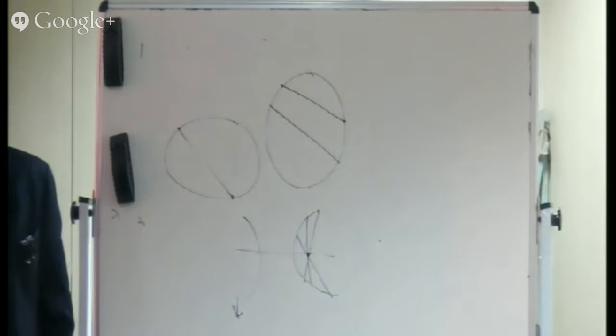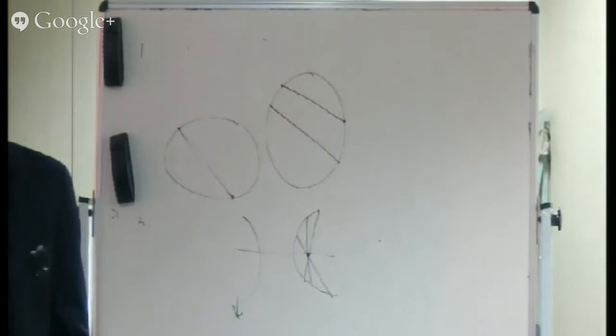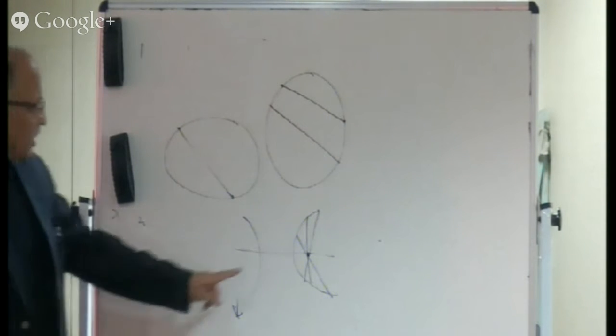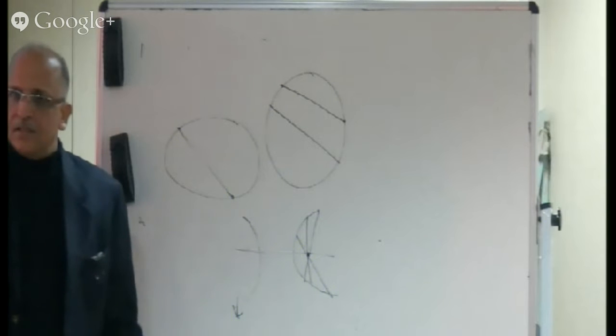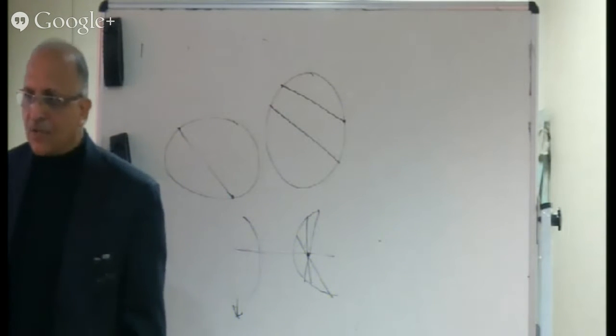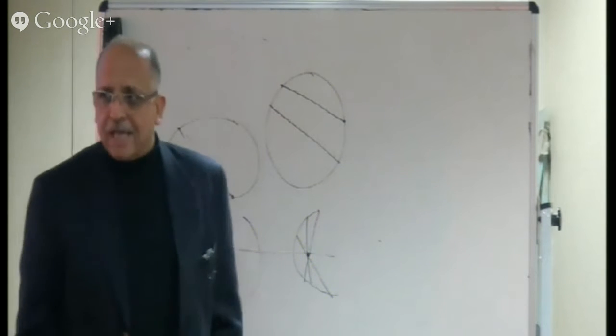You can see that the y-axis and directrix are parallel and both of them are perpendicular to the x-axis. So either I say a focal chord parallel to the directrix or parallel to the y-axis or perpendicular to the transverse axis or x-axis, all the things are exactly the same.